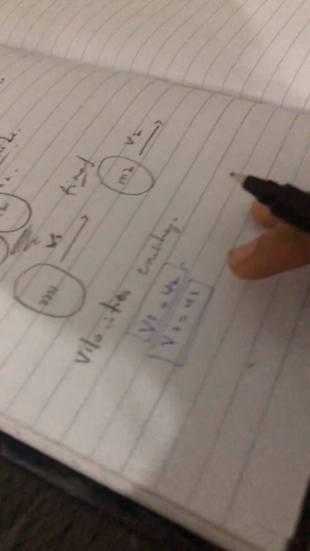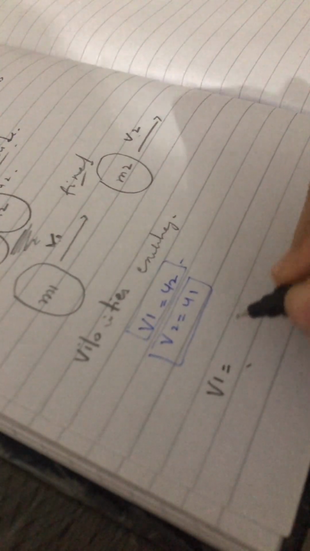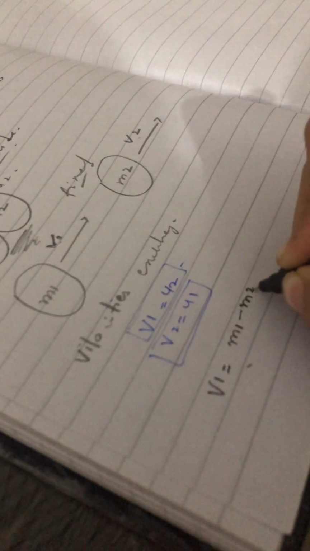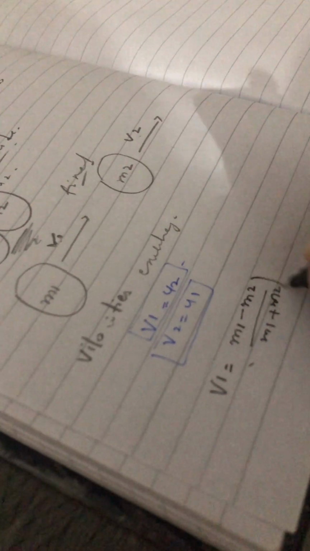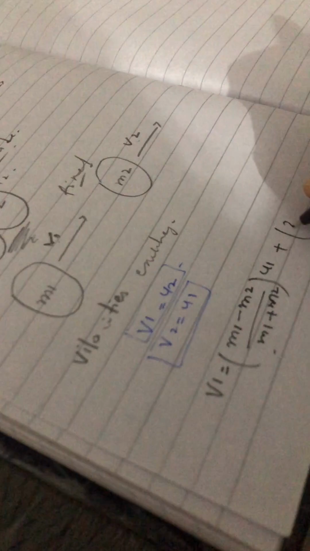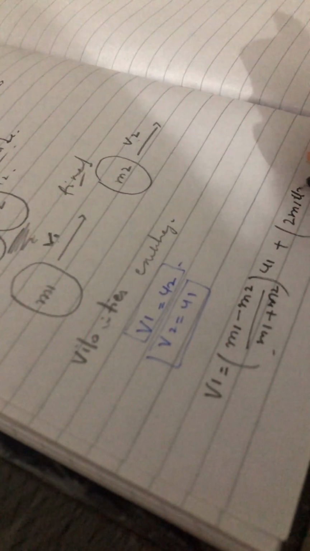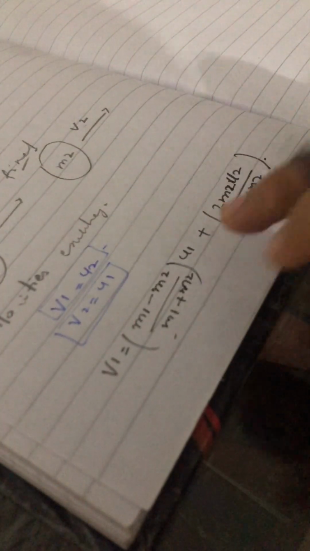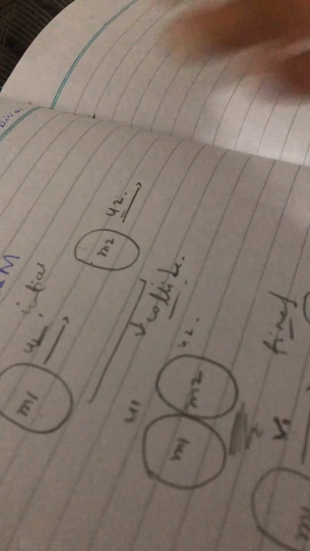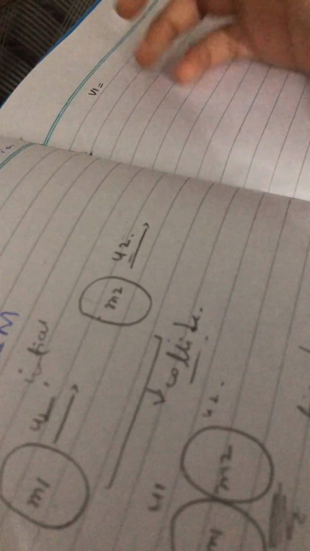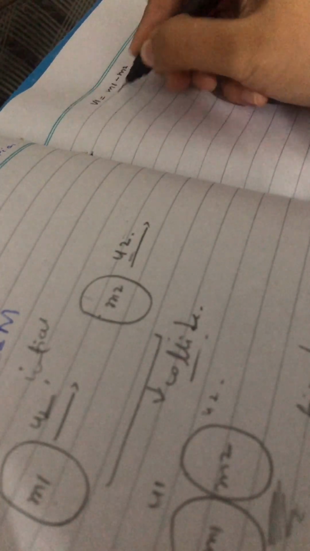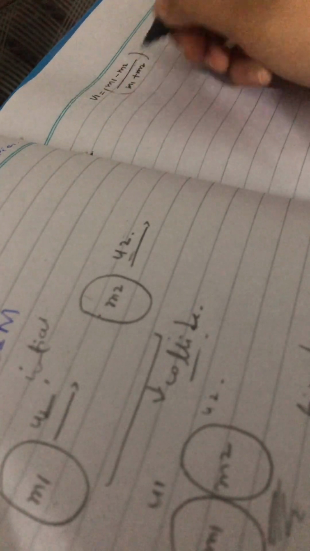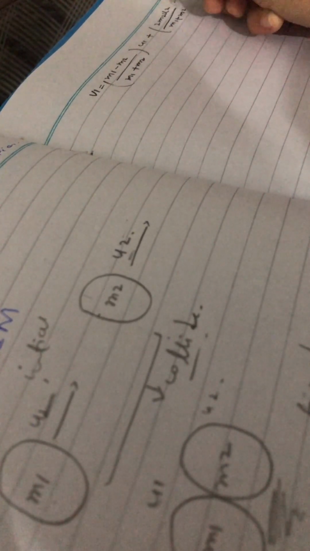As we know, the formula for finding v1 is v1 equals m1 minus m2 upon m1 plus m2, multiplied by u1, plus 2m2 u2 upon m1 plus m2.